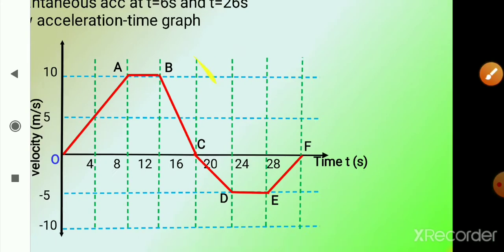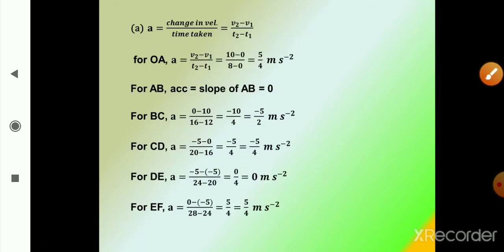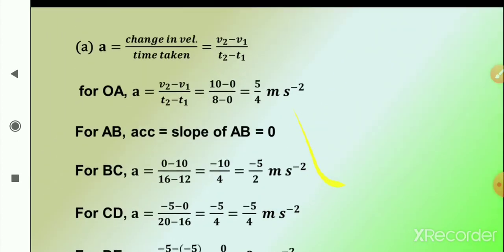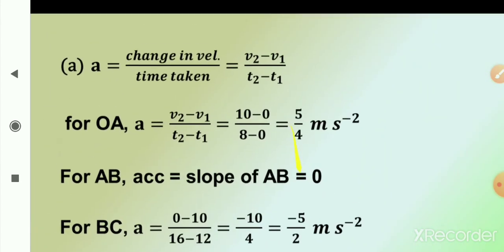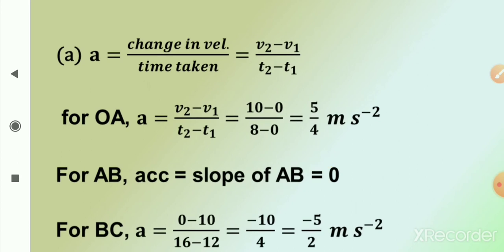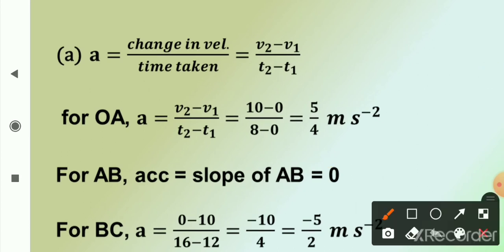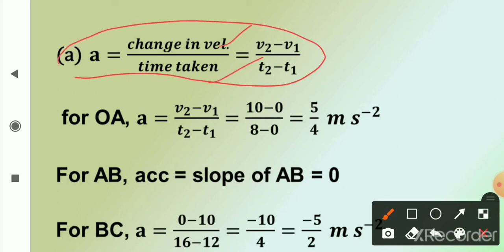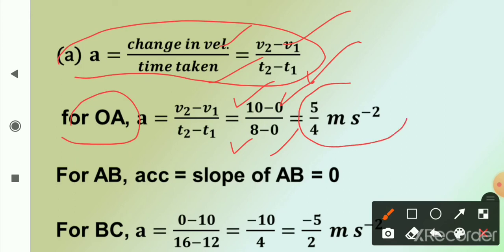So let us solve them now. For each part, the relation is acceleration is change in velocity upon time taken, v2 minus v1 upon t2 minus t1, or slope of graph. So part OA, first part, v2 minus v1 is 10 minus 0, time 8 minus 0, is equal to 5 upon 4 meter per second square.